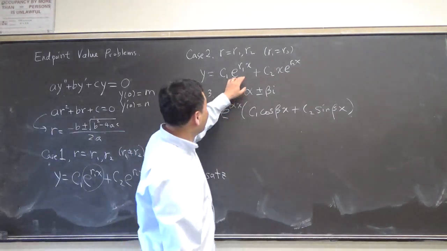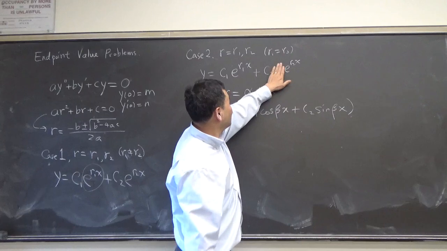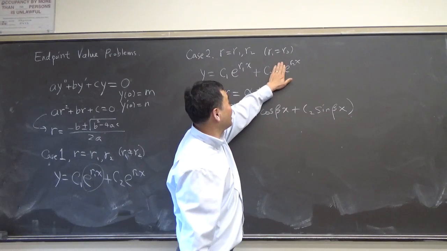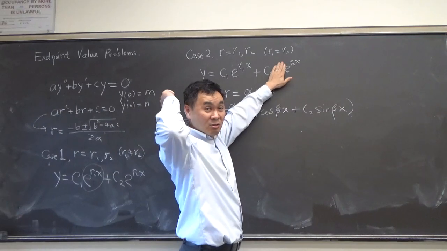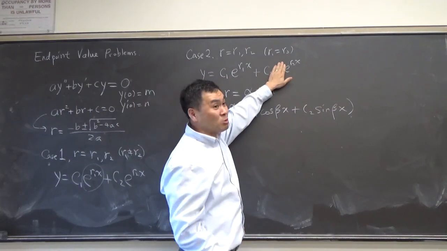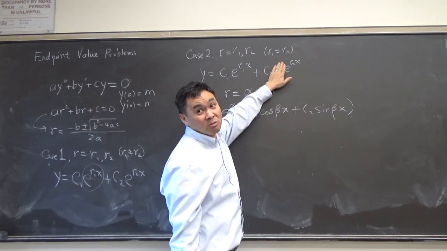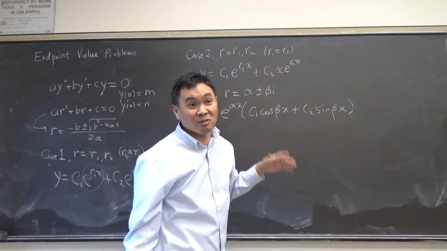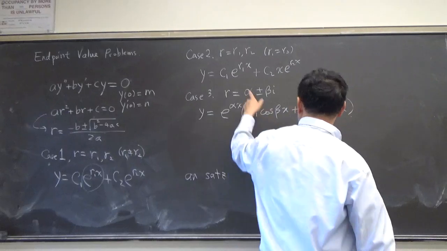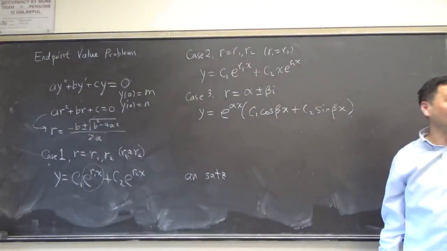And that's what happens here. If you have r1 and r2 the same, then if you didn't have the x, these two would be the exact same thing, and it would fail to satisfy that initial condition. That's why you need to invent the second solution. It happens to be that if you multiply by x, it does work. So again, you get two free parameters.